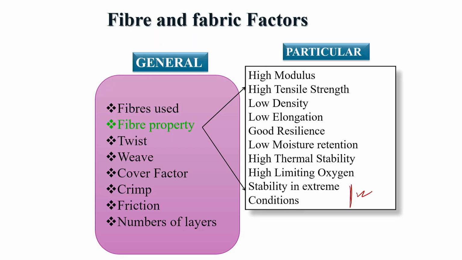So, these are the different requirements, because the bulletproof vest or any ballistic protective textile clothing we have to use in different conditions, extreme conditions, maybe in extreme cold, maybe in extreme heat, like the soldiers in the Siachen area or very high altitude area where the temperature is sub-zero, and normal commodity fibers get brittle, they get damaged.